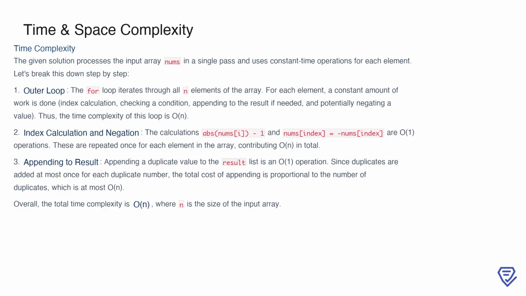Since these operations are repeated for each of the n elements, the total time complexity of the loop is O(n). Additionally, the index calculation and negation are simple arithmetic operations, each taking O(1). Appending to the result list is also O(1), and happens only once per duplicate. Altogether, this leads to an overall time complexity of O(n), proportional to the size of the input array.